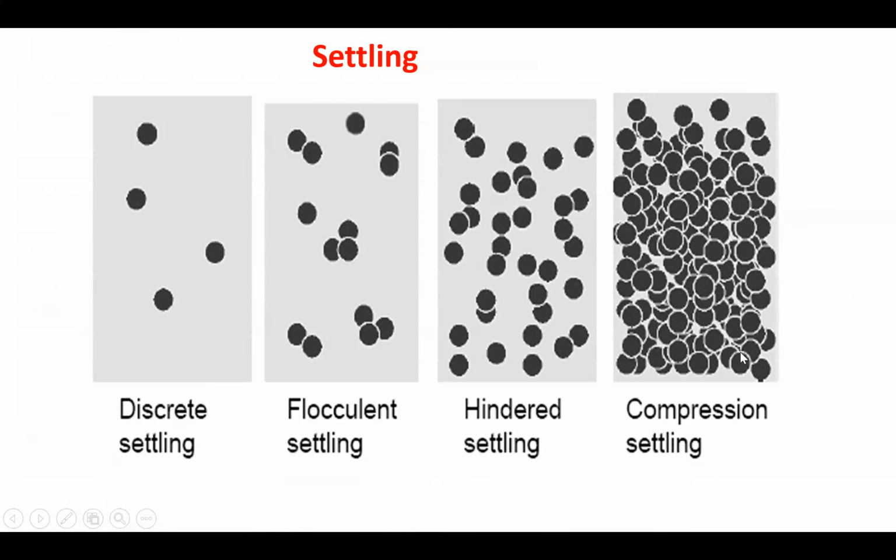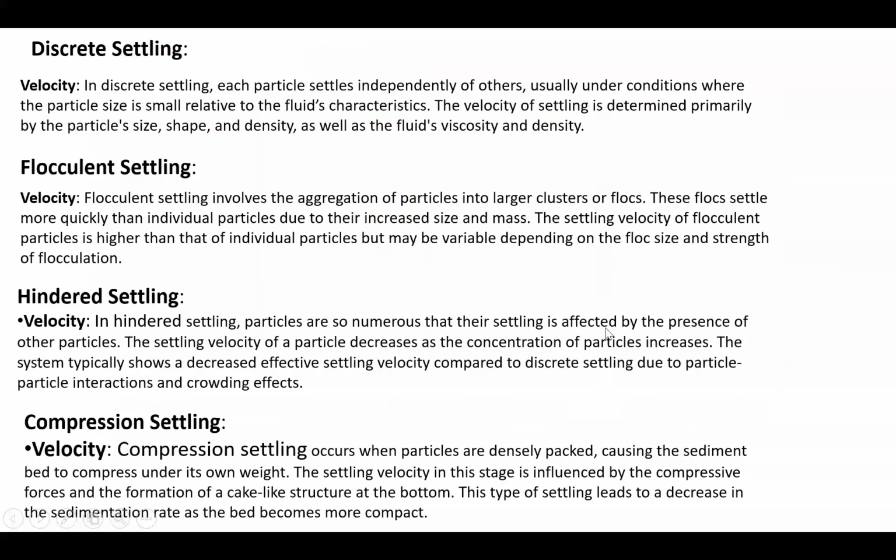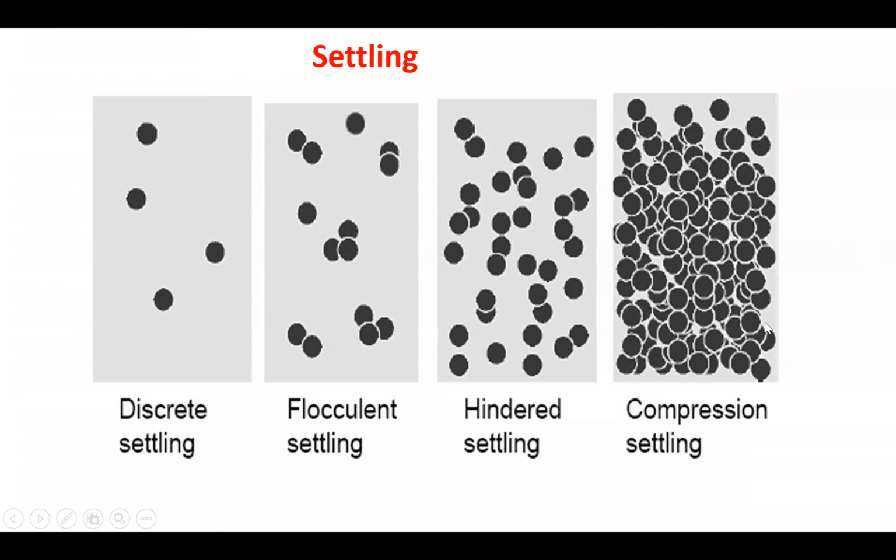Here in compression settling, the number of particles is also very high, and the compression force is there, and that causes the formation of a cake-like structure at the bottom. It will hinder the movement of other particles above, and they cannot settle.